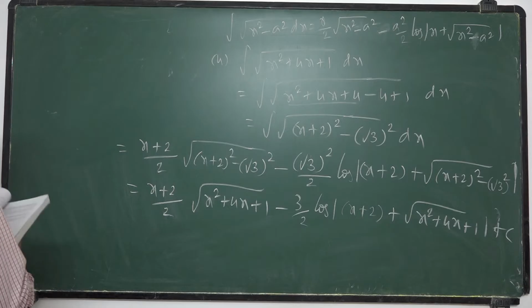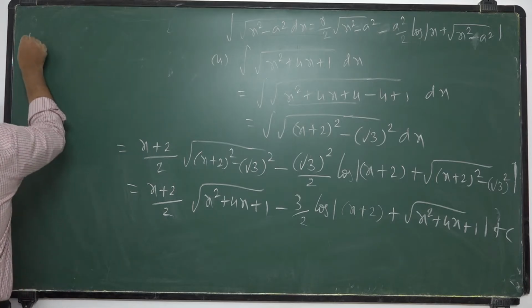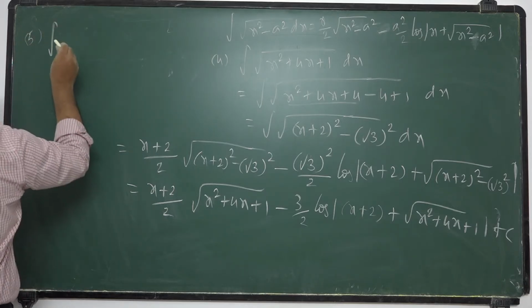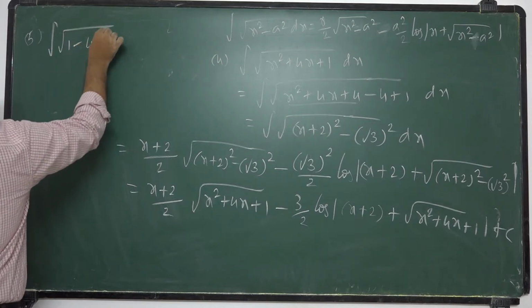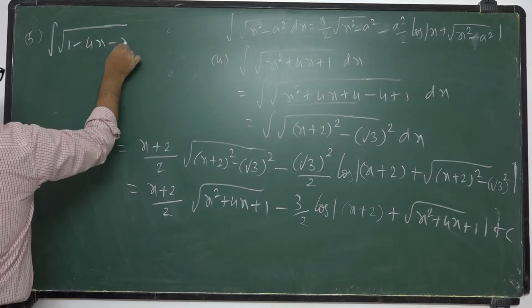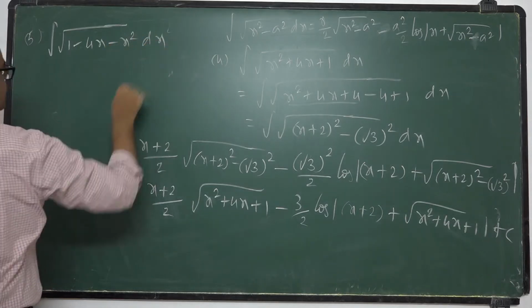Next, fifth one: integral of root of 1 minus 4x minus x square into dx.